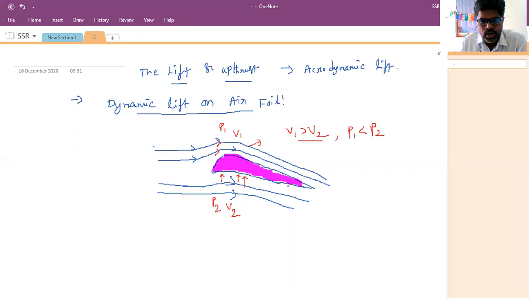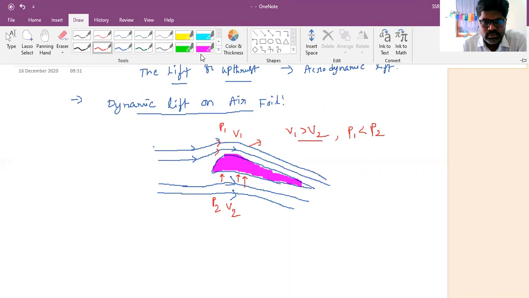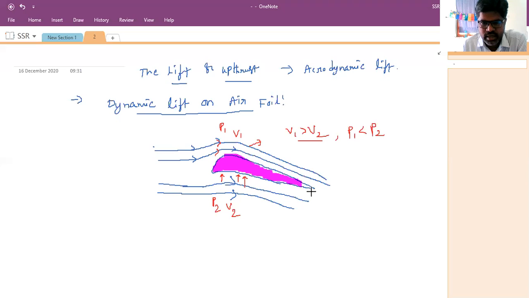Okay. So here we can see the angle of attack also. Normally you can observe there is a horizontal line you can draw. This is the horizontal level line with respect to the wing.